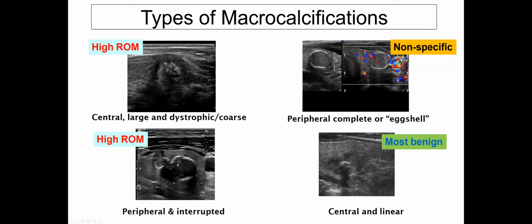This interruption means that this tumor is invading into the capsule. Central and linear calcifications like this are more commonly seen in adenomatous nodules or follicular adenomas. So these are the features which are associated with malignancy, and the combination of these features puts the nodule at higher risk of being malignant.